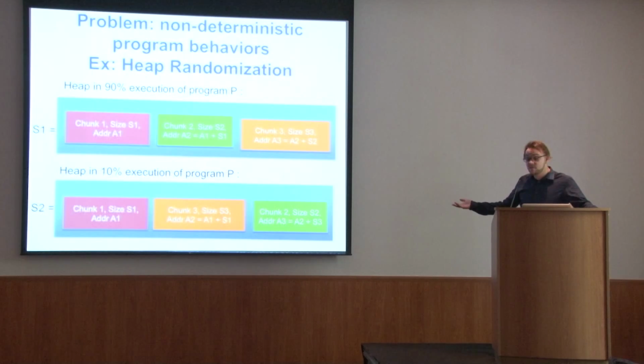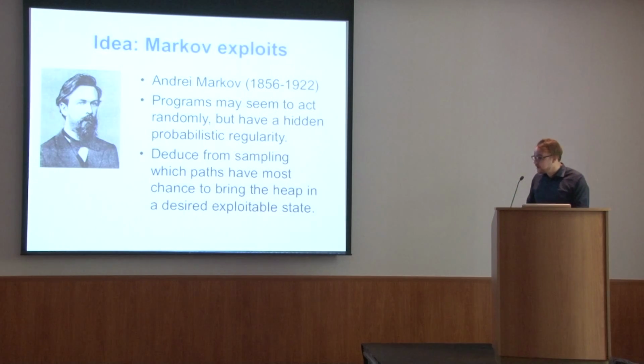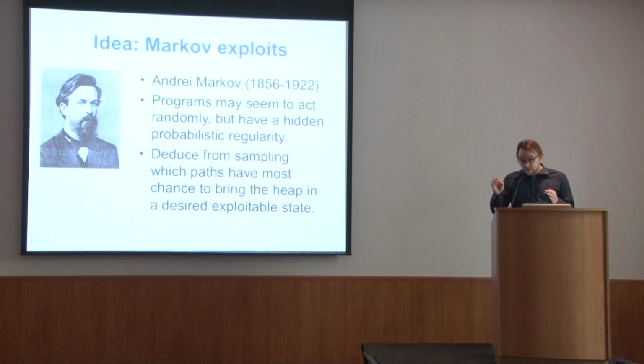So this is the kind of problem that SMT solvers are pretty clueless about. SMT solvers are not enough to resolve that. An idea is to use more probabilistic modeling of programs, something like Markov chains. The core idea of Markov chains, or Markov processes and networks in general, is that it might look very random and chaotic when you look at a program from very near.